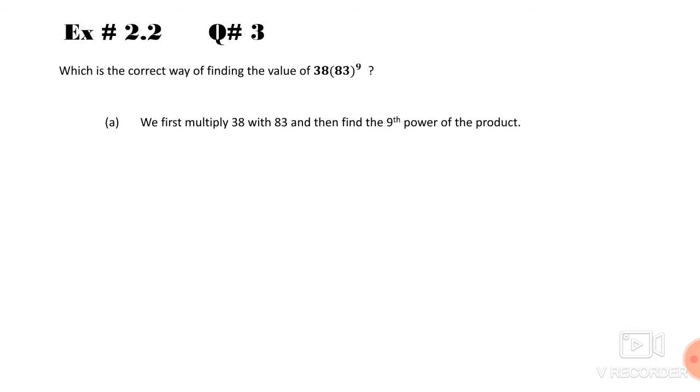Question number 3. Which is the correct way of finding the value 38 bracket 83 exponent 9? Two options are given to us. We first multiply 38 with 83 and then find the ninth power of the product. Second option, we first find the ninth power of 83 and then multiply it with 38.